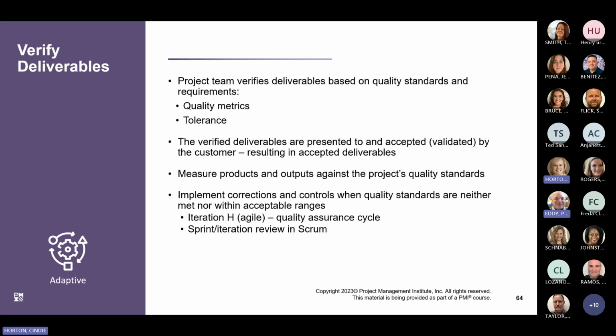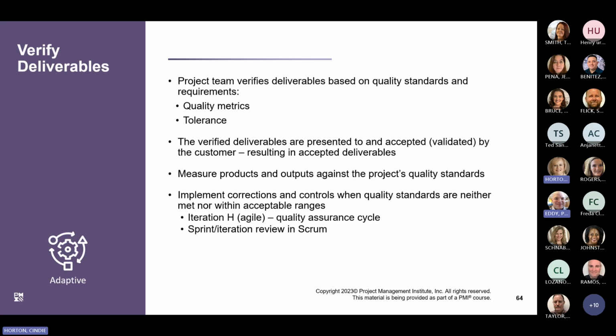This range ensures that the part will still function correctly even with slight variations. So understanding what a quality metric is and how tolerance relates, the tolerance levels, those are important concepts to remember. Next, the verified deliverables are presented to and accepted by the customer, resulting in accepted deliverables.